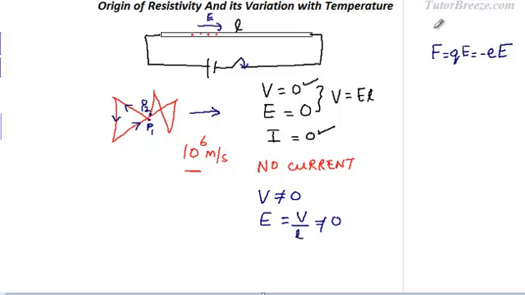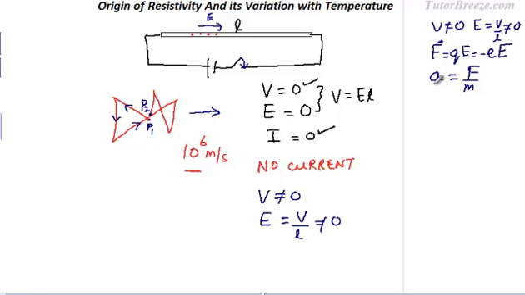So what we are saying is V is not 0, so E, which is equal to V by L, is also not 0. This means the electrons are experiencing a force, and you know from Newton's second law that force is going to produce an acceleration, which is given by F over m, since F is equal to ma. So the electrons are going to accelerate.